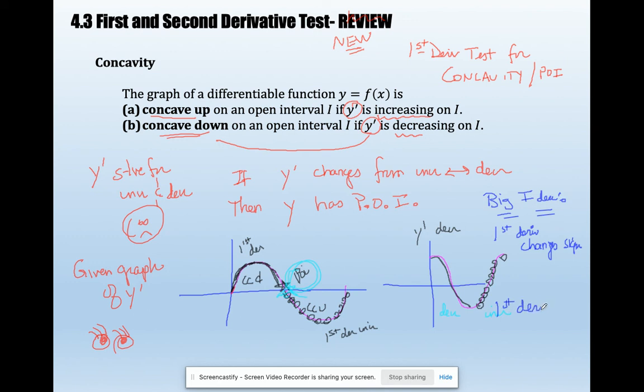Where the first derivative changes direction, I have POI. So this is extremely useful when I have a graph of the first derivative, or I know what the graph of the first derivative looks like, for instance, cosine. Cool, huh?